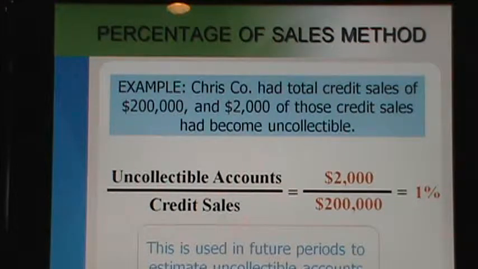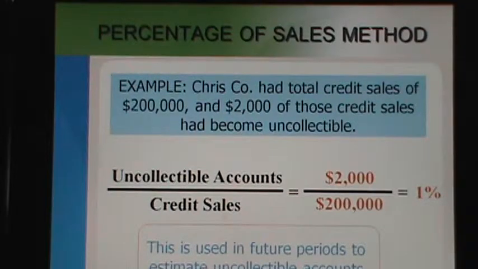So then we can use this for future periods to estimate the uncollectible accounts. So next year, if we have $500,000 worth of sales, we can assume that 1% of those would be uncollectible, which would be 5,000.